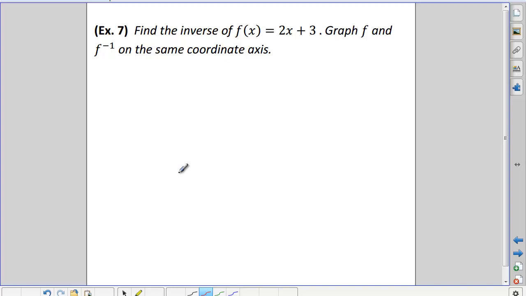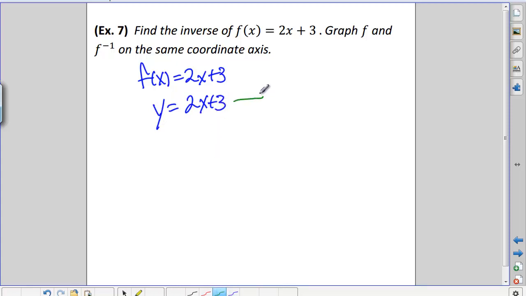We've got 2x plus 3. We want to find the inverse of that. So we're going to say, all right, instead of f of x equals 2x plus 3, we're going to write that as y equals 2x plus 3. And so the inverse then is going to be x equals 2y plus 3.